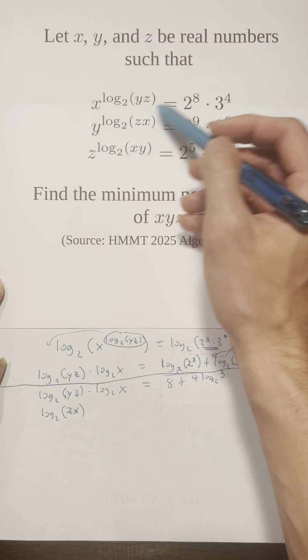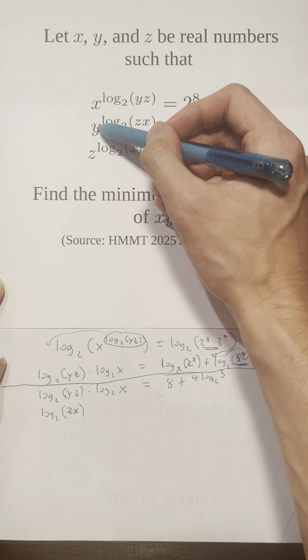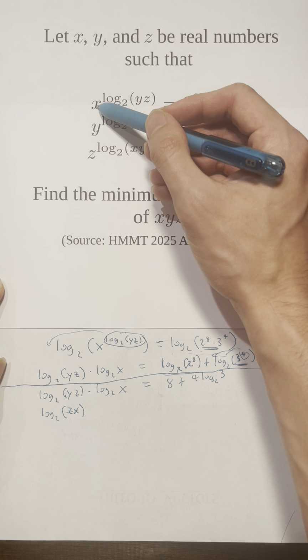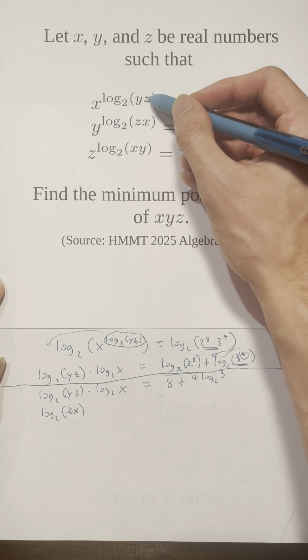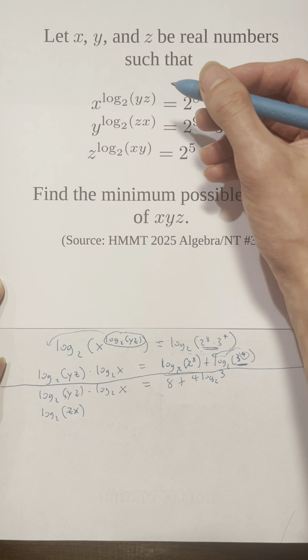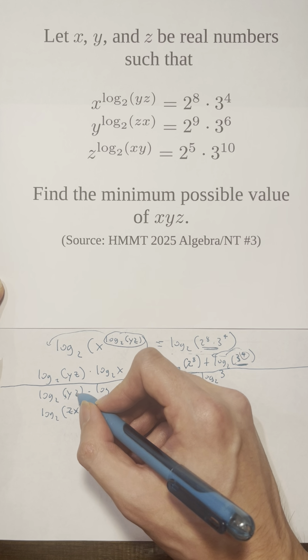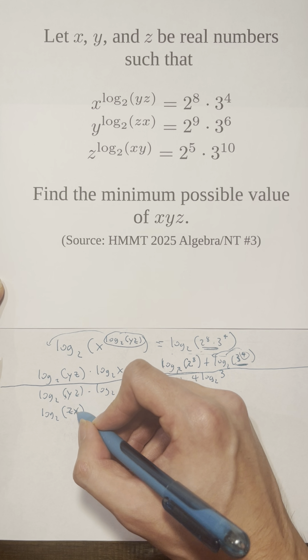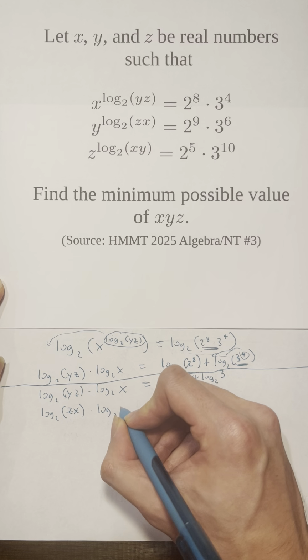To get from this to this, I just need to go to the next letter. The next letter after x is y, the next letter after y is z, and once you're at z, you cycle back to x.